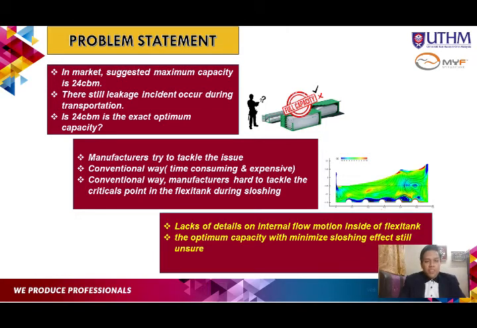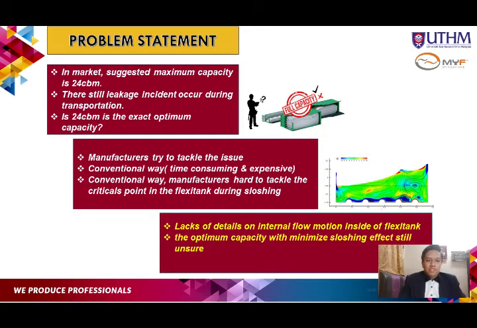This issue may come from the manufacturer. Maybe the manufacturer had to tackle the critical points during sloshing in the flexitank, as they were experimenting and prototyping using the conventional way. The conventional way is time consuming and expensive, as they need actual prototypes of the products for experimenting or research and development.